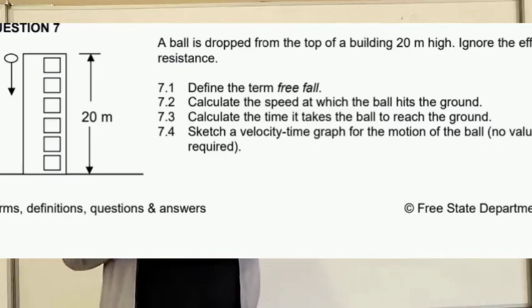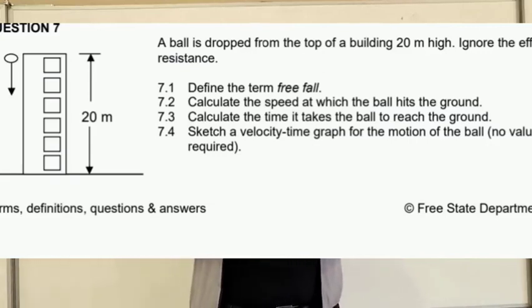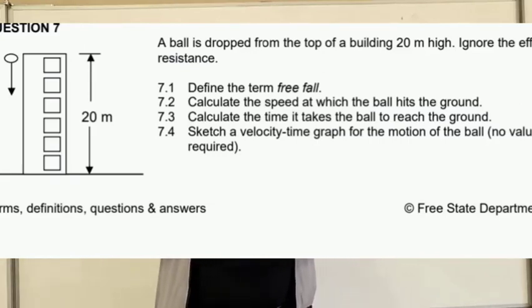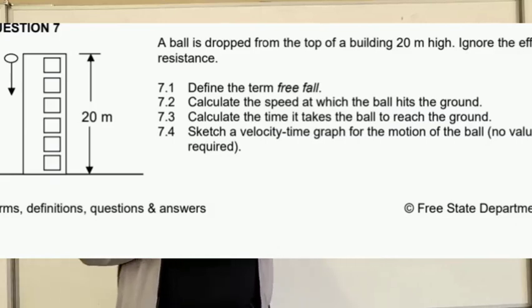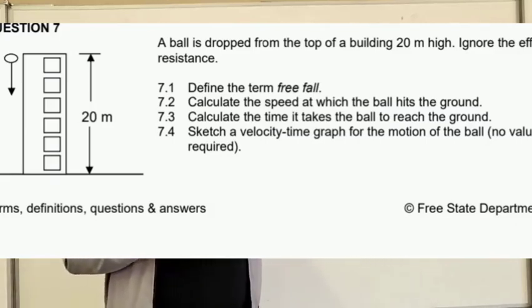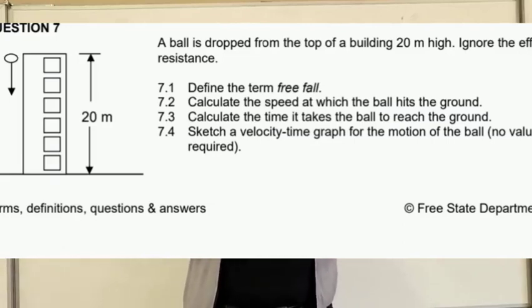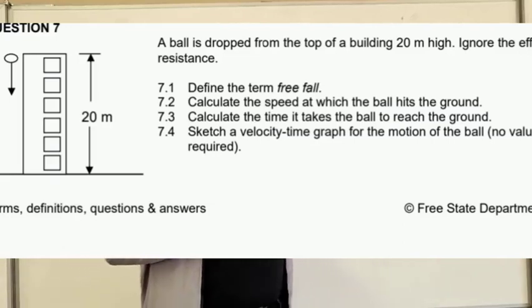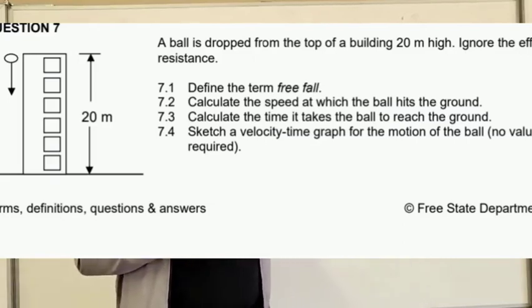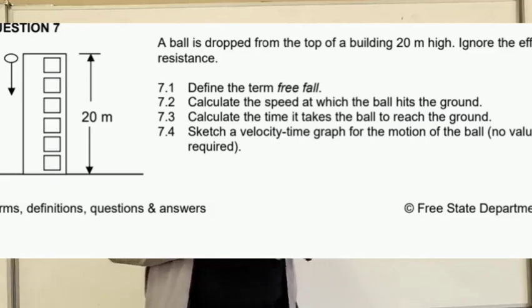Question number 7 states that a ball is dropped from the top of a building 20 meters high. Ignore the effect of air resistance.